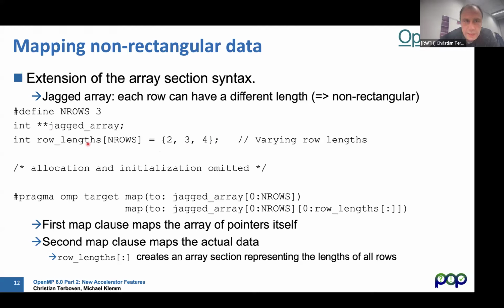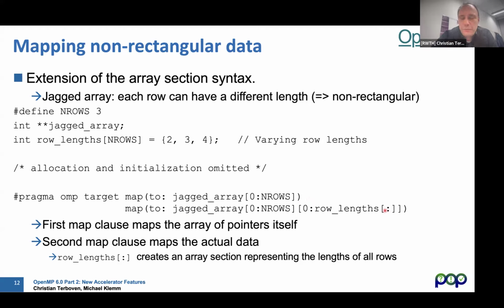So this is a declaration of the array. Let's omit the allocation, the initialization, and so forth. If we want to map such an array to the device, we can map the initial pointer and then the sequence of pointers that this initial array consists of. The important aspect here is that in OpenMP we have a language extension.